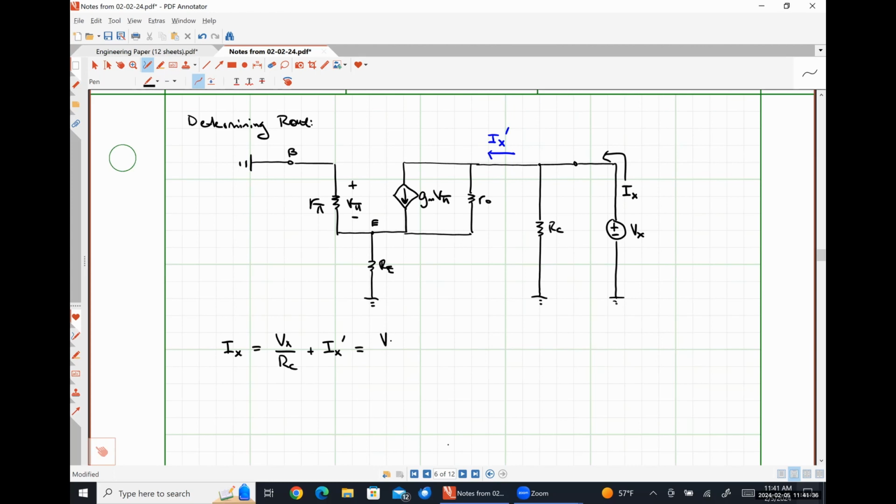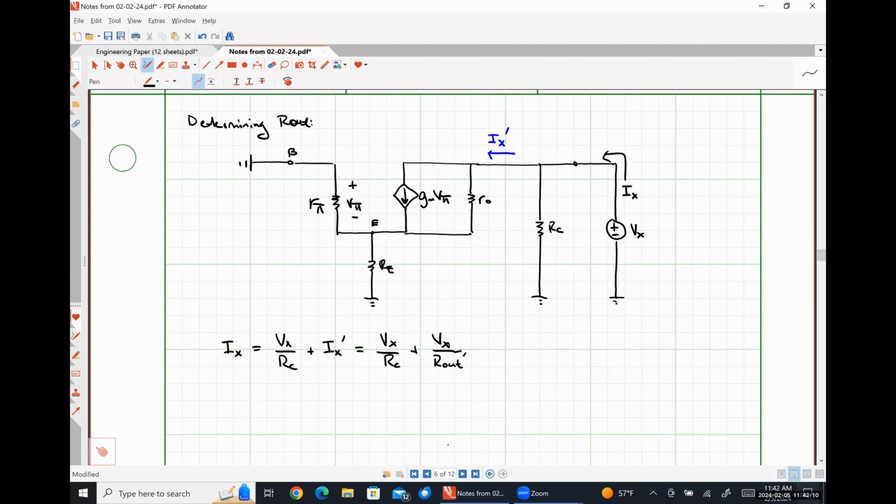And so I'm going to have this as VX divided by RC plus VX divided by what I'm going to call R out prime. So effectively, if I can figure out the relationship between Vx and Ix prime, that's just the resistance of everything to the left. And that resistance is very obviously just in parallel with this resistor RC.